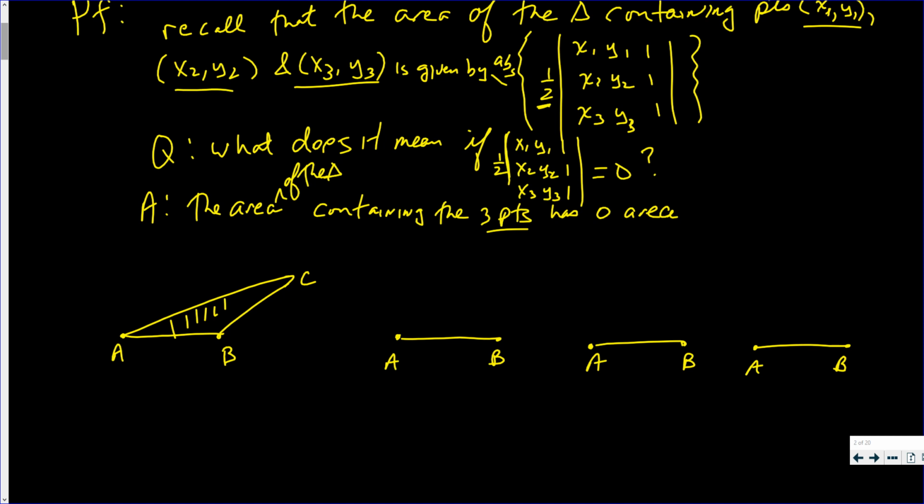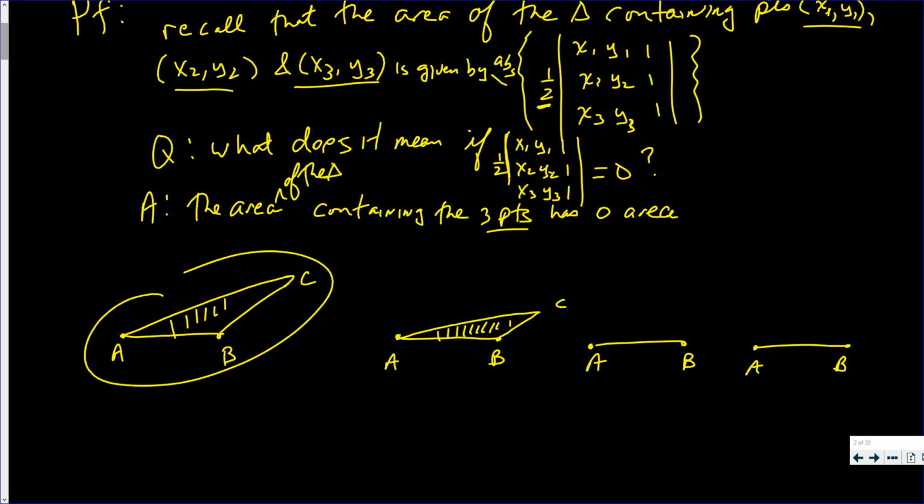If angle B is a little bit larger, what if I have 175? This area is less than the area of that triangle.